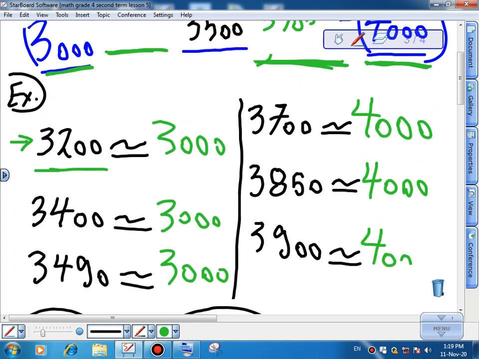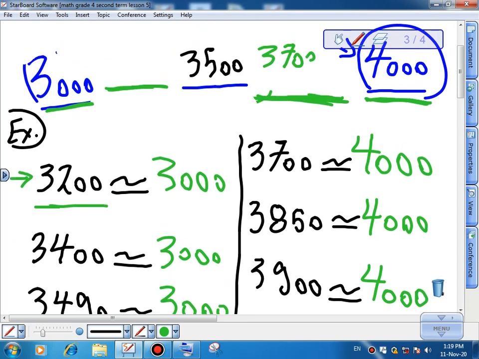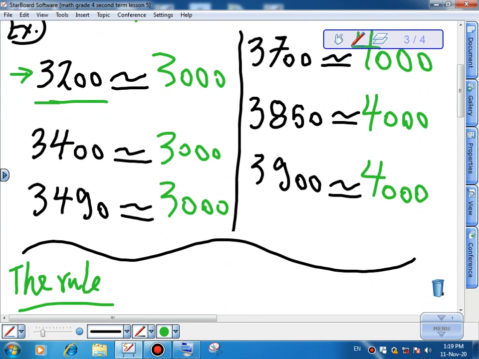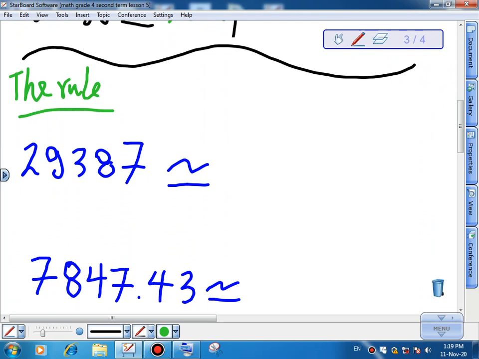It's very simple. Just read the number and look where it lies, in this space or this space. In this space it will be nearer to 3000, but in this space, it will be nearer to 4000. So this is the rule of approximating any number to the nearest 1000.